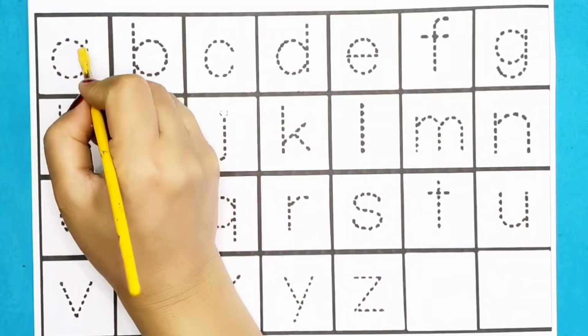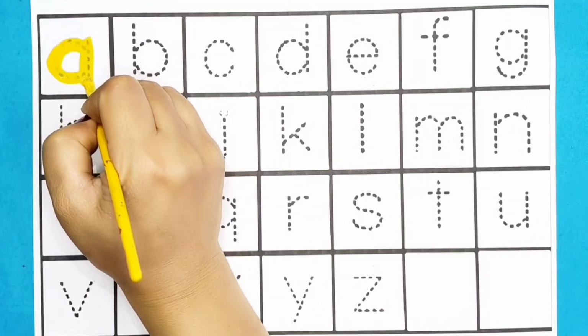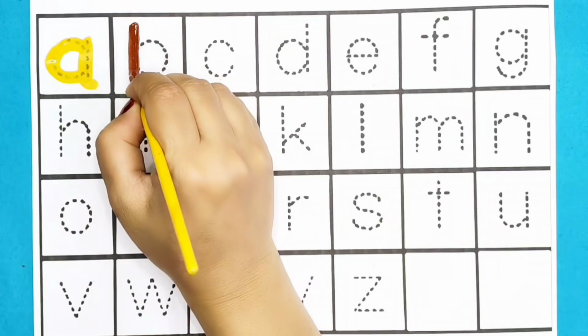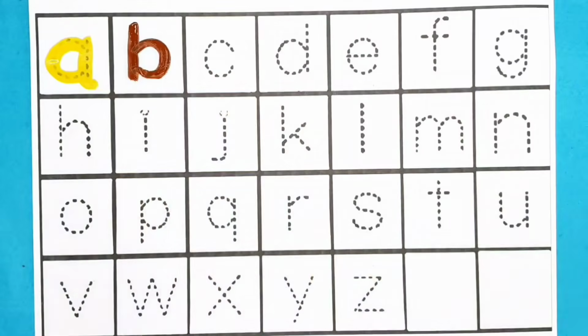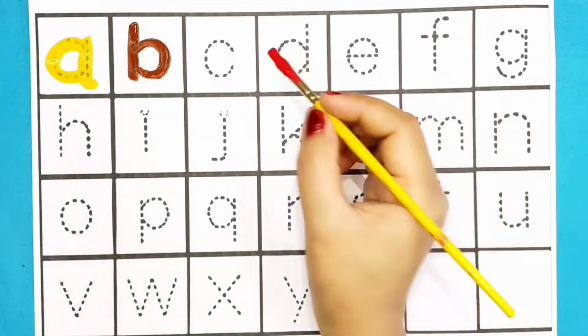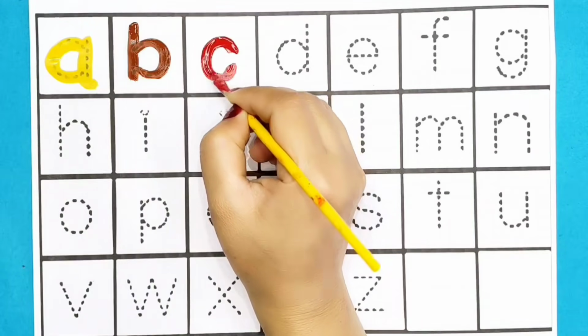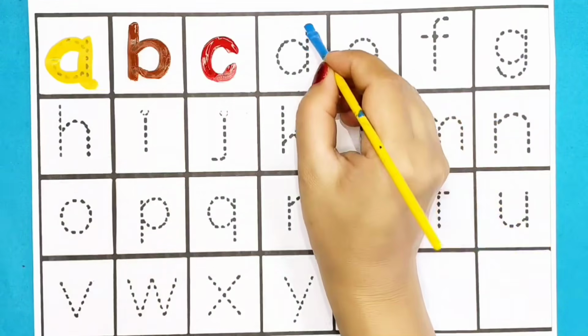Let's paint yellow color. A for apple, brown color. B for balloon, red color. C for cat, sky blue color.